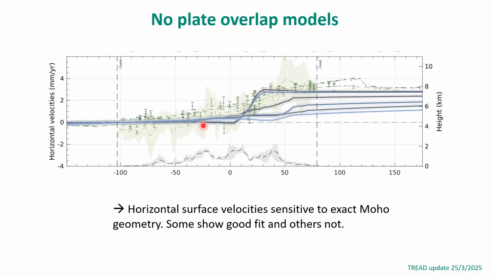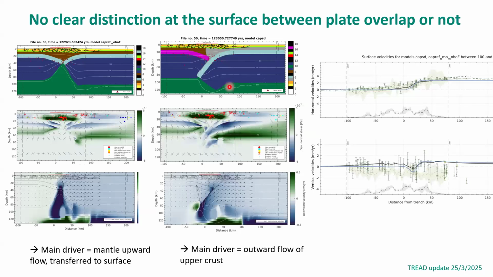If I then take the model that best matches the observations and compare it with the Moho where the plates are more overlapping, that I chose as my reference model, then at the surface I can obtain very similar results.